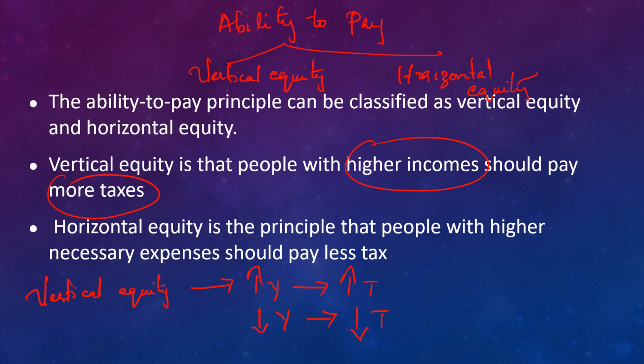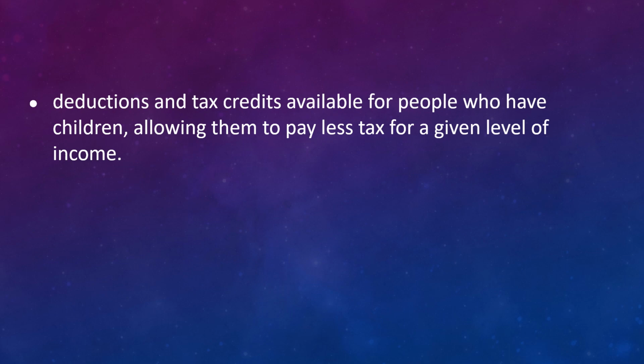That is it. Moving to the horizontal equity concept. Here, what it means is that if people have more important necessary expenses, they will be paying less tax. I'll explain it here. Let's suppose that we have two people, person A and person B. Both of them are getting 2000 rupees.